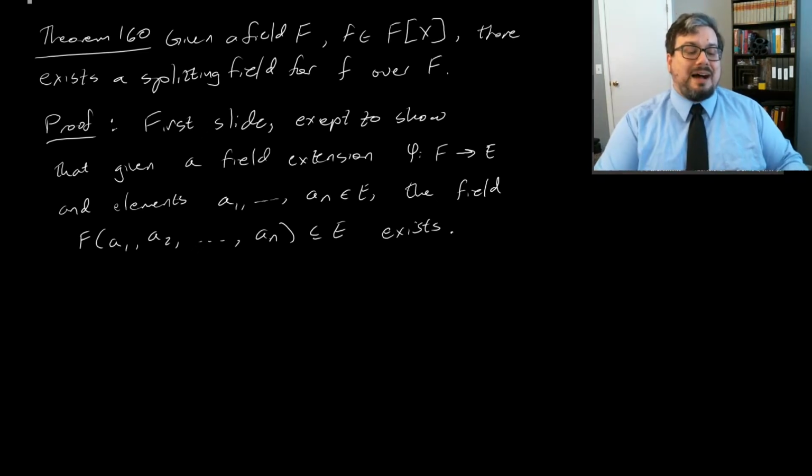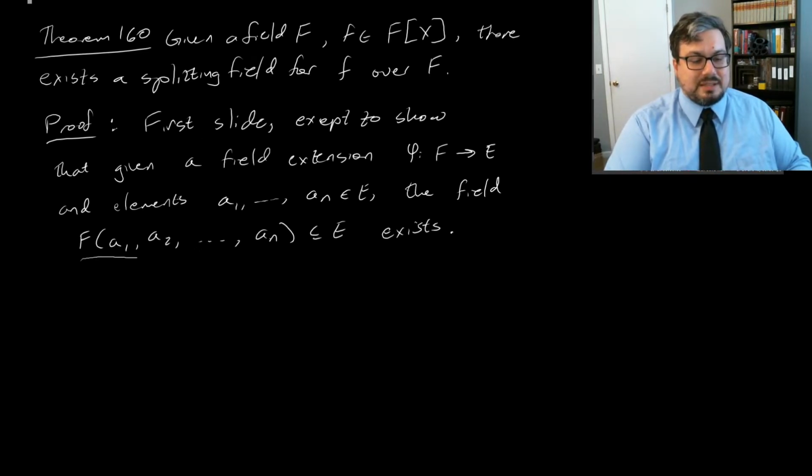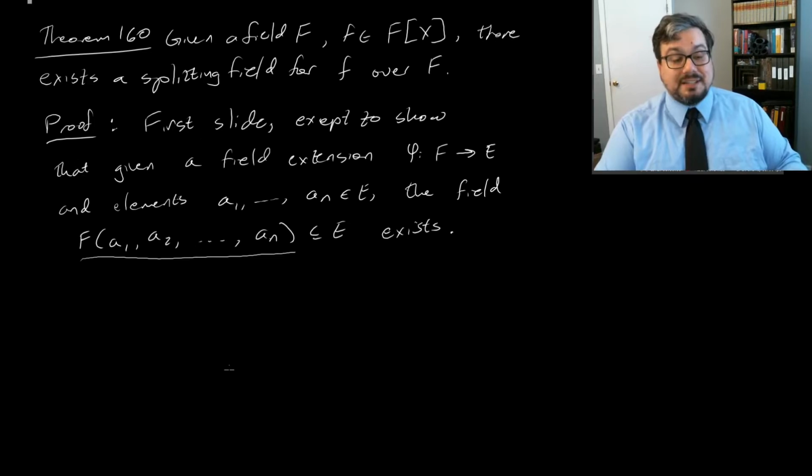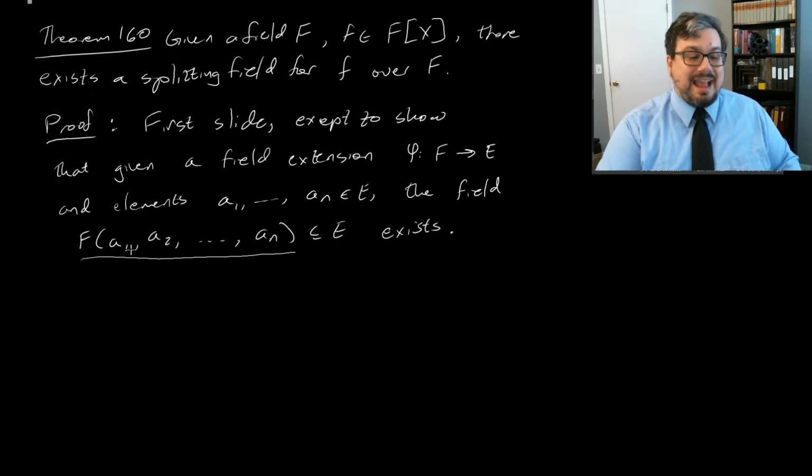So when we defined this notation, we said that it's the smallest field containing the image of F and all the elements a1 through an.